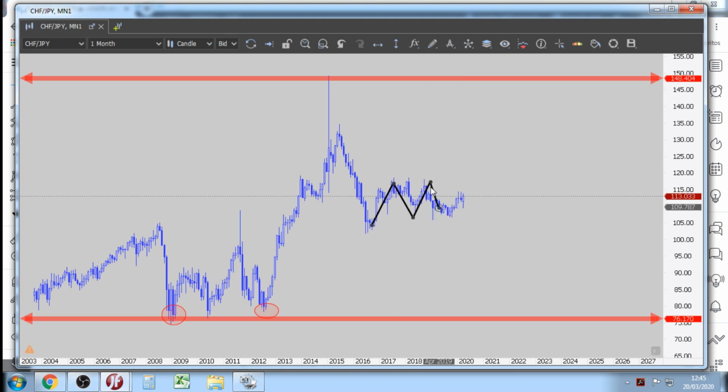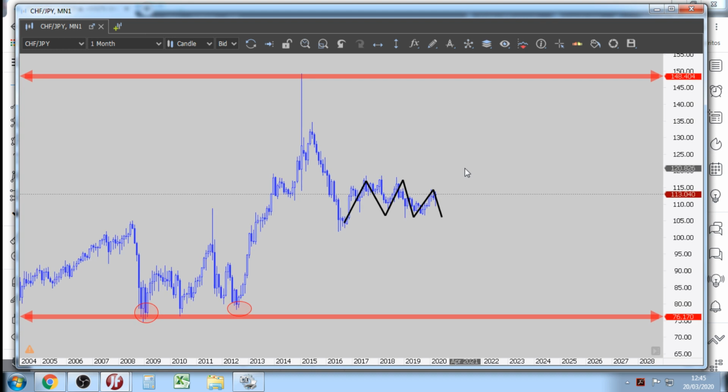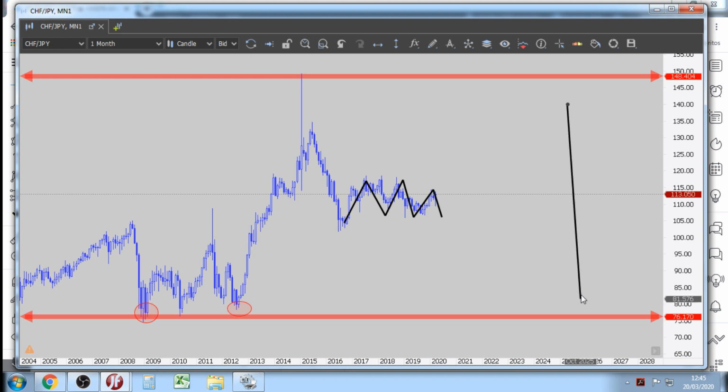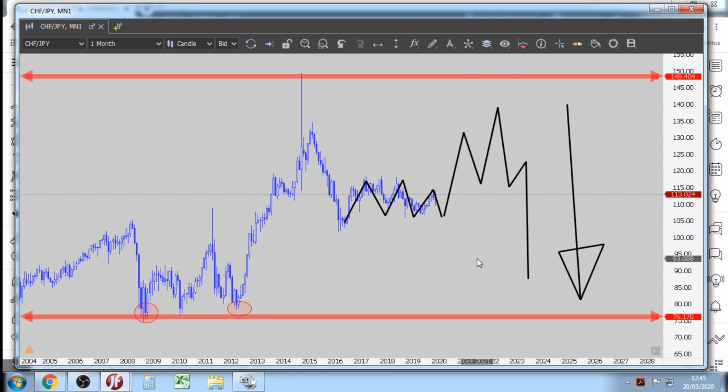Stay out. If you're a beginner trader, stay out of this market. You have other currency pairs that are much easier to trade. We know that the long-term bias, the long-term direction is down. But the market in between can do anything before it does this, you know?